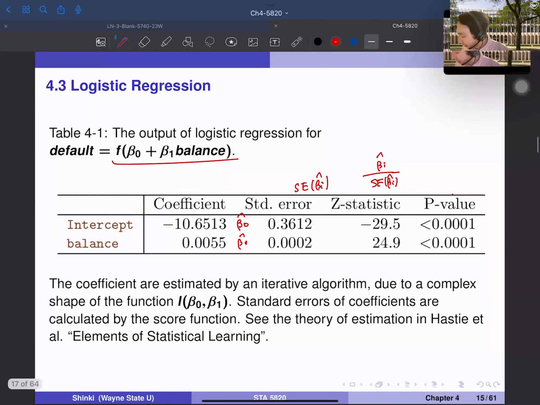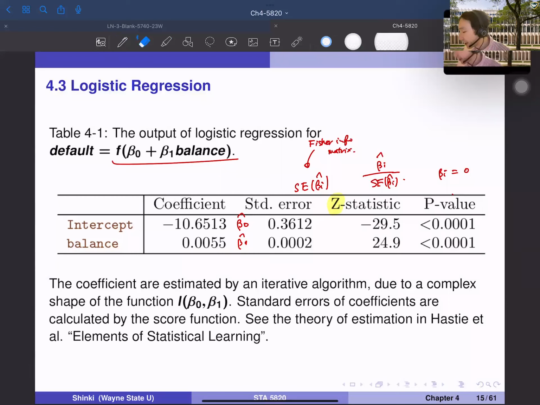So standard error is obtained by the Fisher information matrix. So we have some analytical way to calculate the standard error of beta i hat. And this is just a ratio. One thing you can notice is that this is a Z statistic rather than a T statistic.